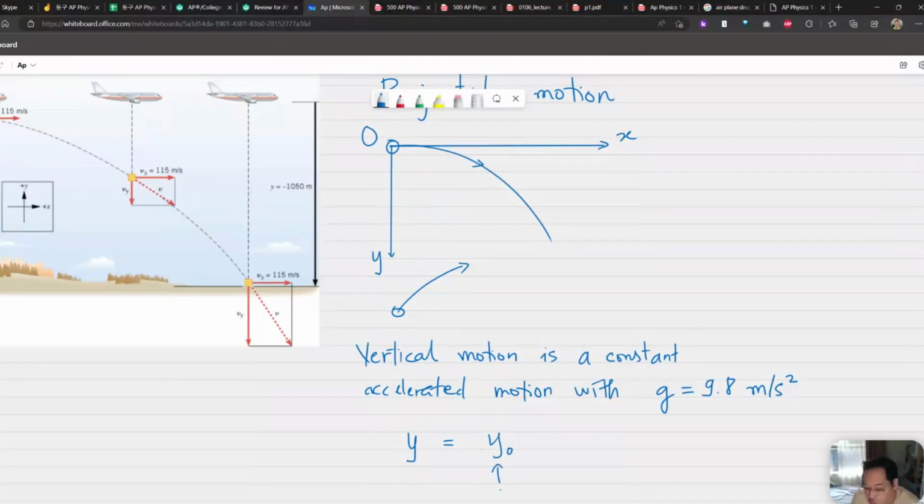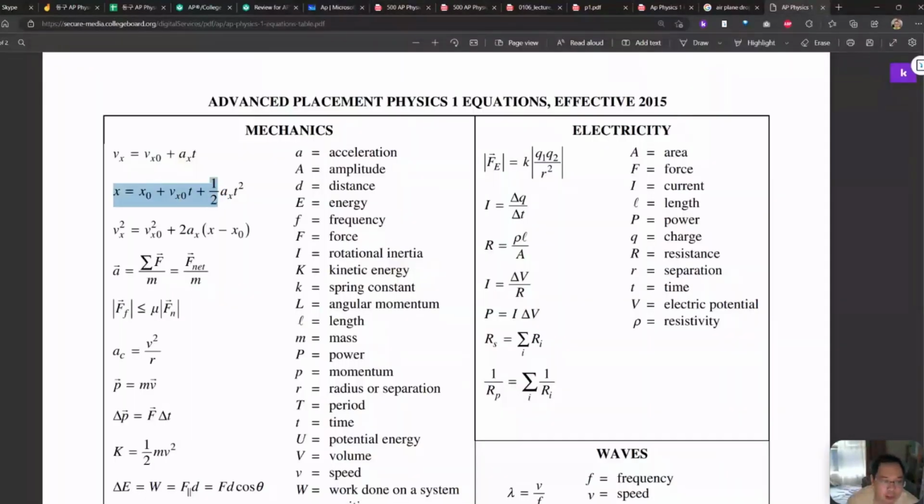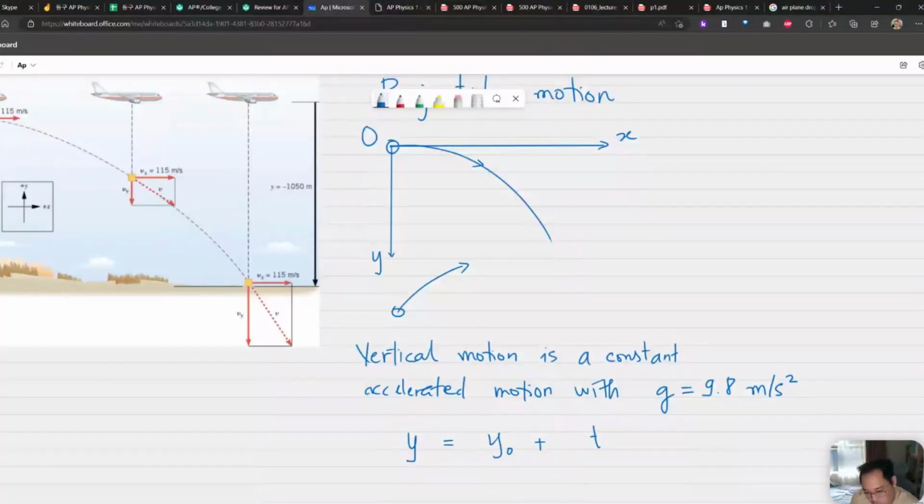Added with the initial vertical velocity times t, so I'm going to write v0y, the vertical initial velocity, plus 1/2 of this g and the square of time.